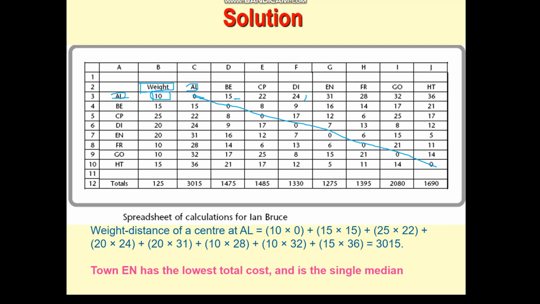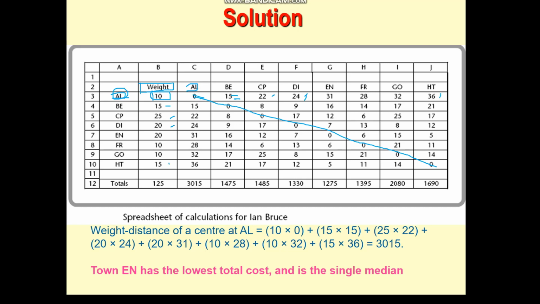So for AL, we will have 0 times 10 plus 15 times 15, then 22 times 25, BI 24 times 20, so on and so forth, until HT 36 times 15.